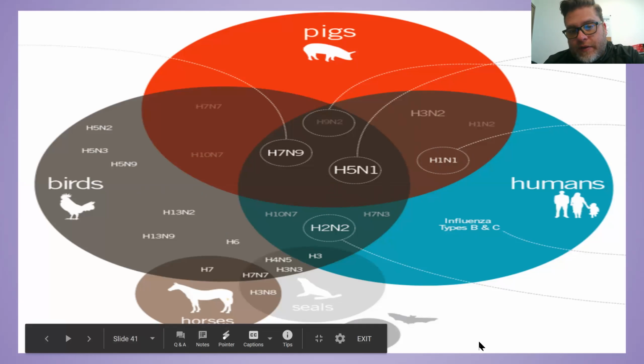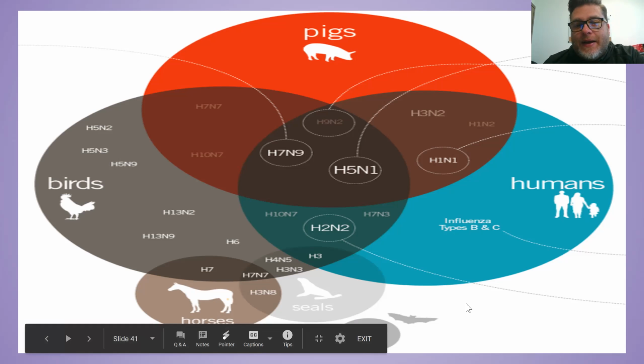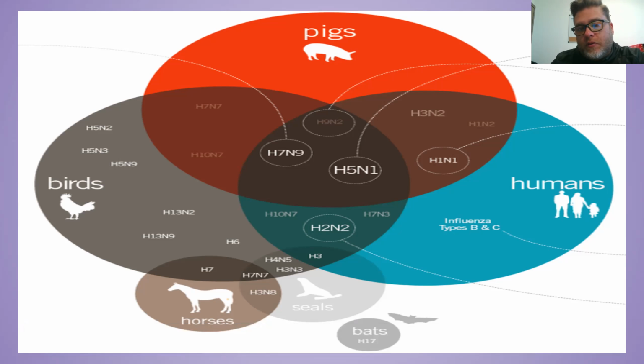Even down here we have H17, which is infectious to bats. Influenza in seals has been found. Like I said, this is a good schematic to see which strains of influenza are infectious to humans, birds, and pigs. Now, bird flu, you may also hear it known as the avian flu. It's the same thing.